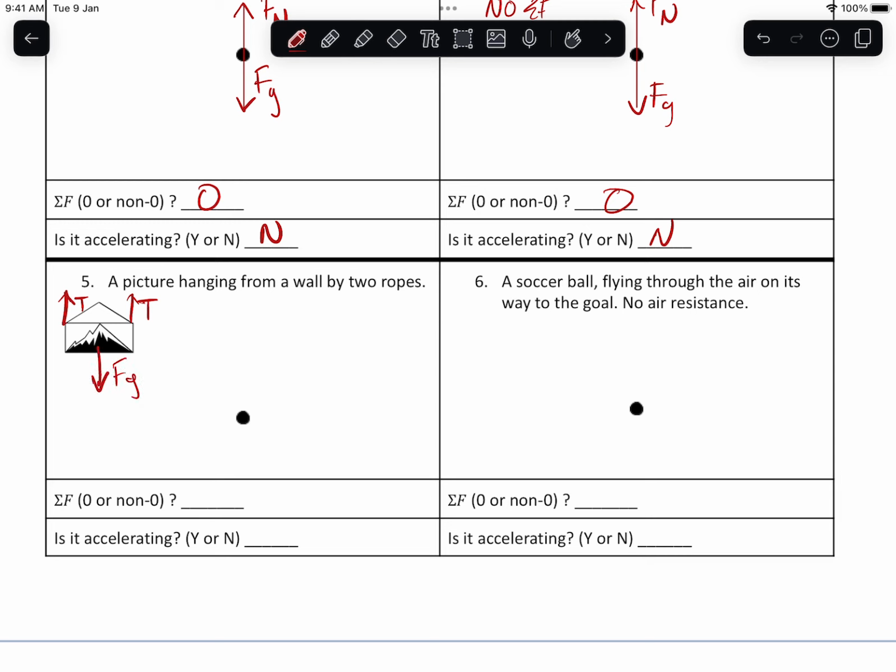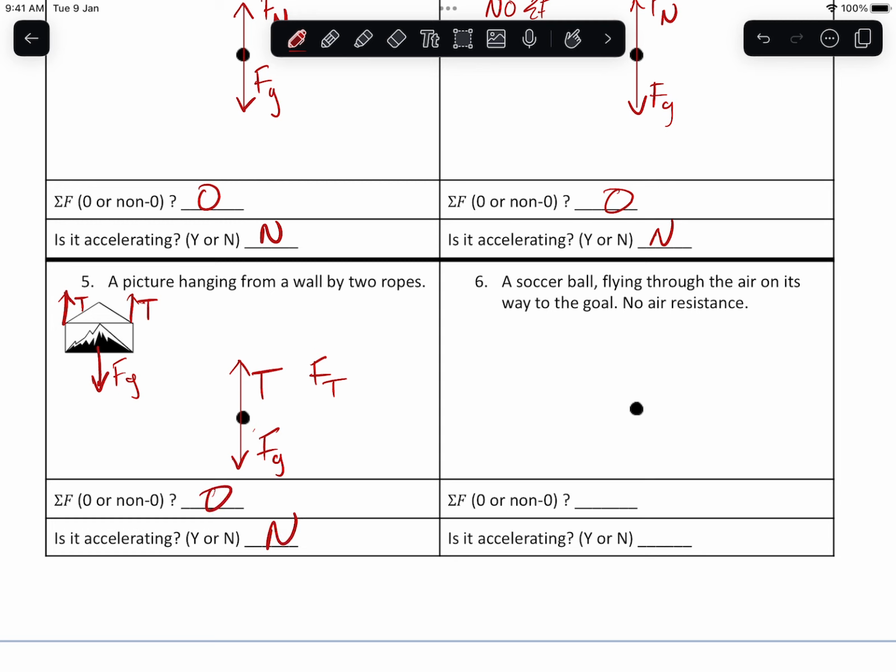If I was to expand that and just put it on one dot, I would have the force of tension up, and the force of gravity down. Tension can be either written as big T or FT, and force of gravity. Is it accelerating? No, so the sum of all forces is equal to 0.